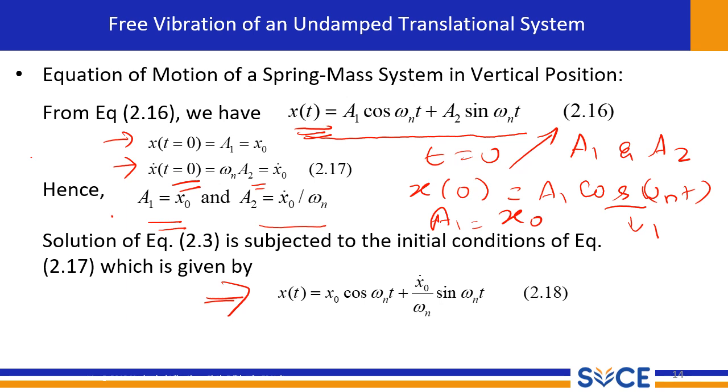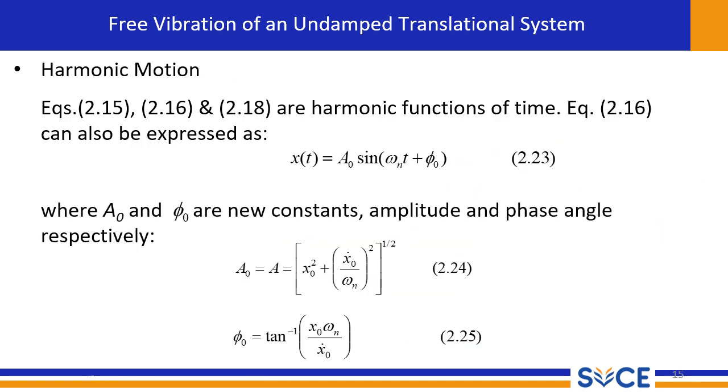Substituting these values in 2.16 gives us the particular solution. In this solution, a1 is replaced with x naught and a2 is replaced with velocity divided by the natural frequency, which is represented in this equation. Let's delve into the nature of this motion, which is harmonic.